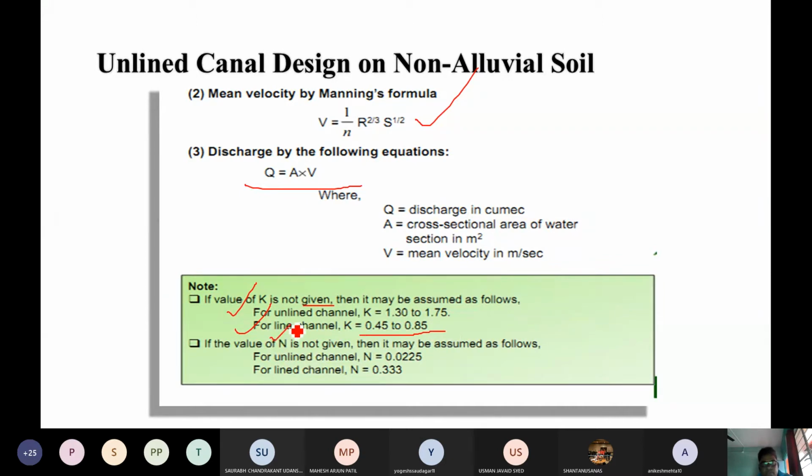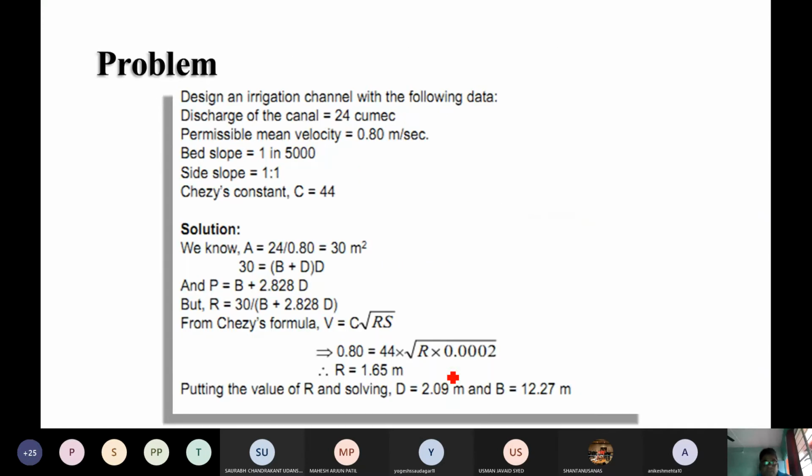And if the value of n is not given, then for unlined canal you take n is equal to 0.0225, and for lined canal you take 0.333. So all these are the design aspects for the unlined canal. You remember all these values.